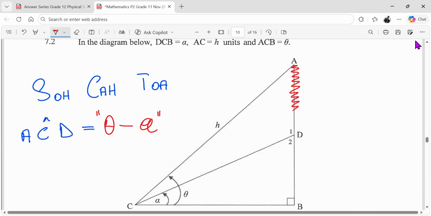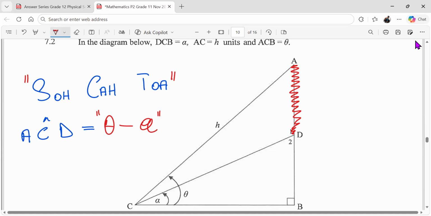And if you look at your AD, you can see that it is not in a right-angled triangle, which means you can't use the SOHCAHTOA. You can't use the normal trigonometric ratios. You can either use the sine rule or the cosine rule. That's what I'm saying to you. Okay, fine.